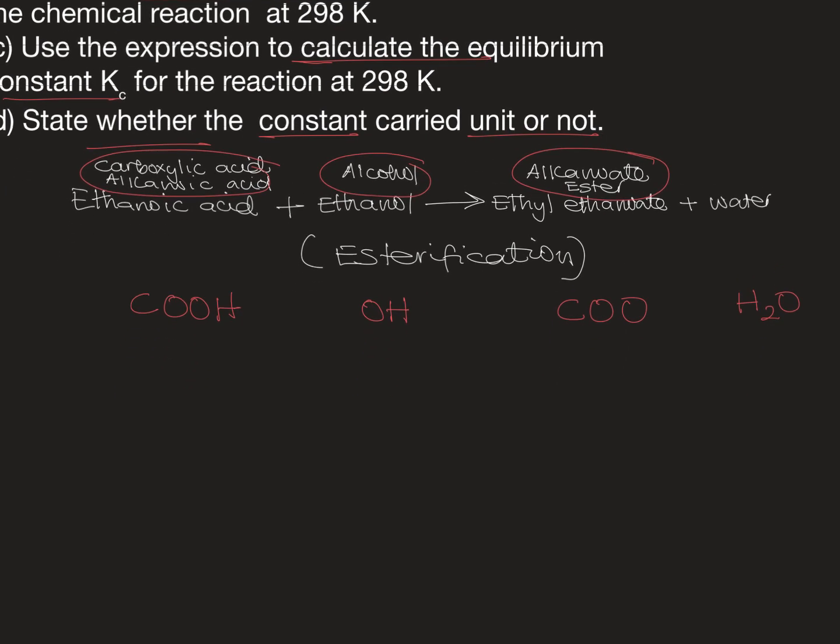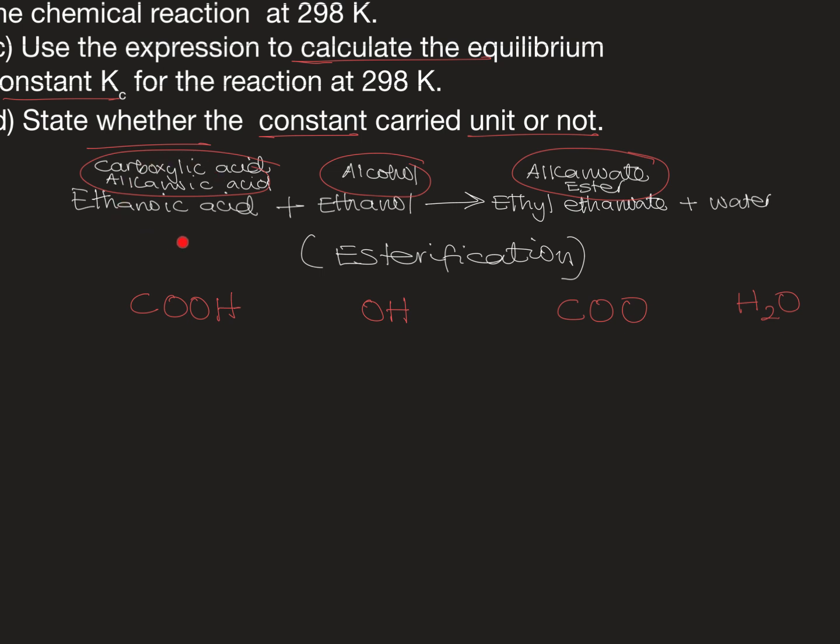So before moving on to answer the question, there are certain things I want to make clear. That is why I'm taking my time to explain this. Never confuse the alkanoic acids with alkanoate. This one is just OATE. This one is noic acid.